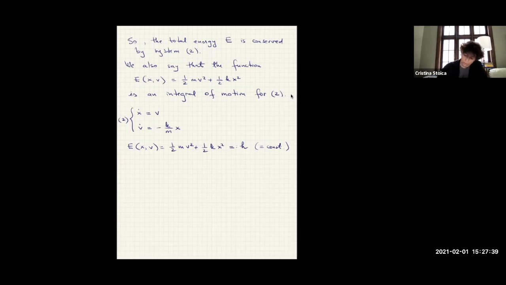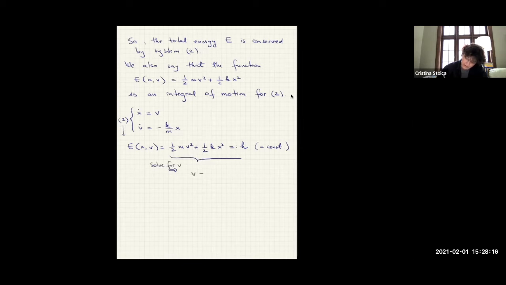All right. Well, so these two are hand in hand. Any solution of system 2 will have d/dt along that solution being 0, or E of x(t) and v(t) along that solution being a constant. But this allows us to take this relation and solve for v.